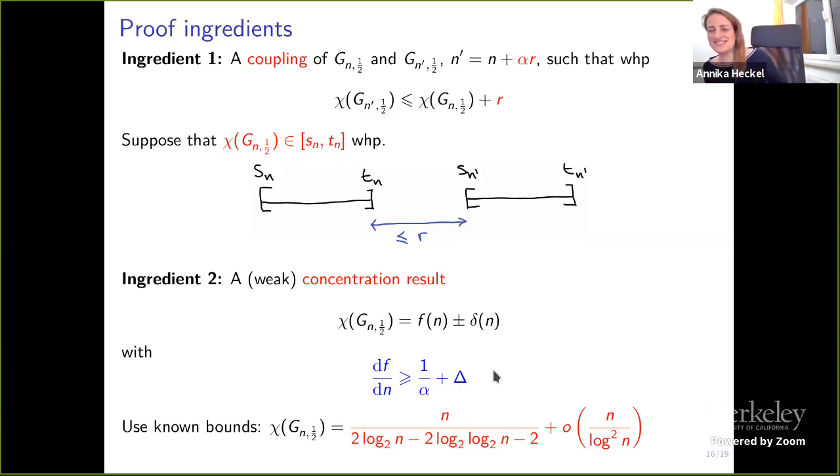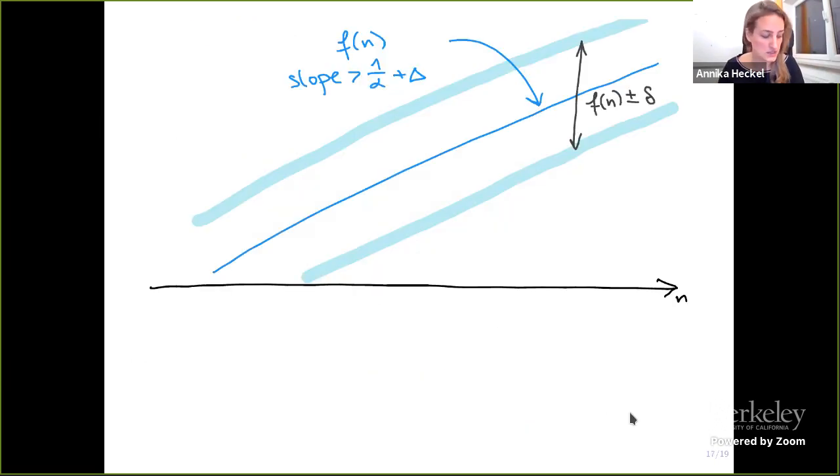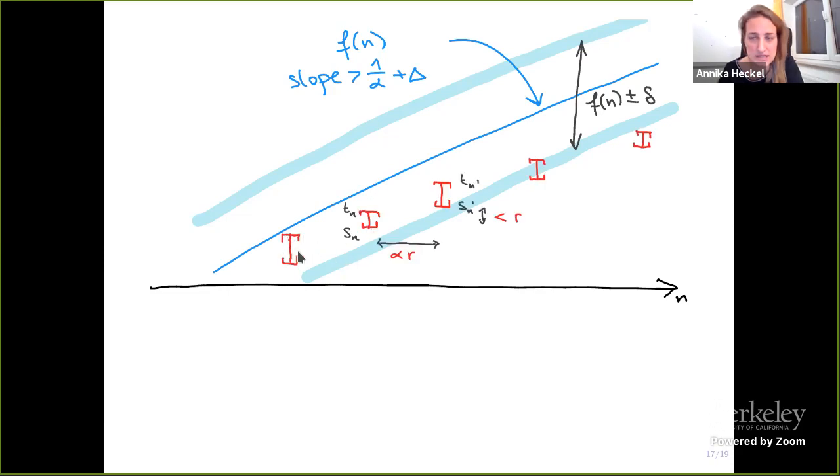Okay, what do we do now that we have these ingredients in place? The picture looks like this. This is the explicit estimate for the chromatic number, which holds up to some error bounds. We know the slope of this estimate is bigger than 1/alpha. Then we assume we have some intervals that contain the chromatic number with high probability.